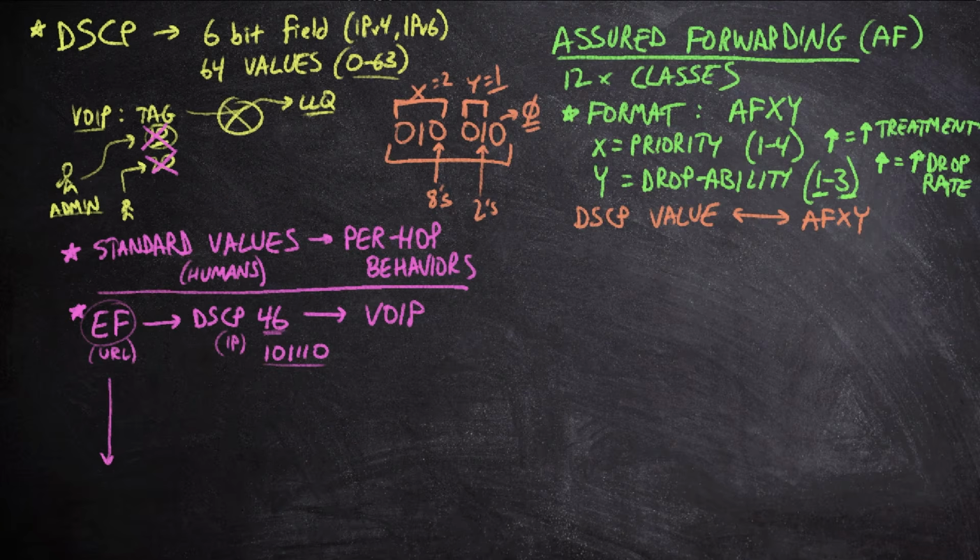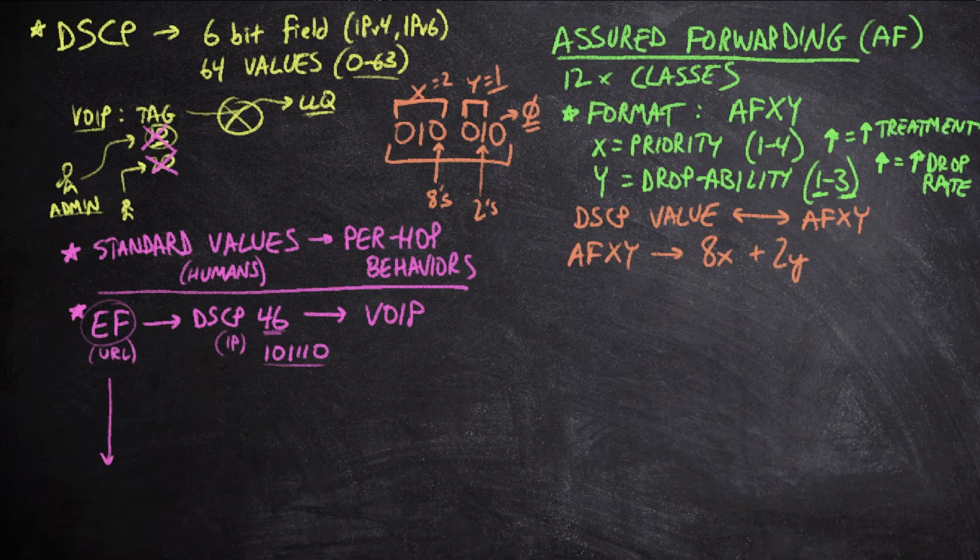Why do I bring that up? Well, because if I want to translate a value, let's say AF XY again, what decimal value is that going to be? Well, I've got a really cool formula for this. I simply take my X value, multiply it by 8, so 8X, and then I add my Y value, which is multiplied by 2, plus 2Y.